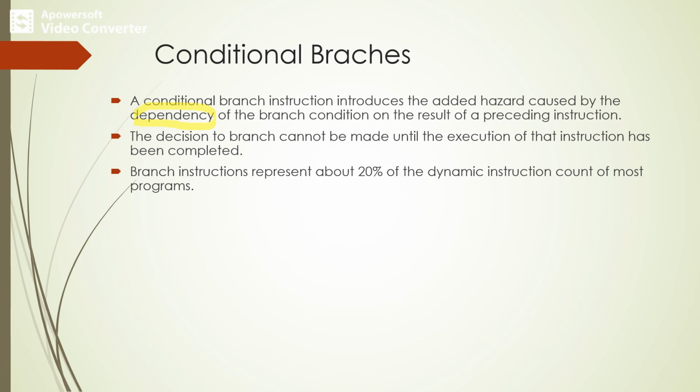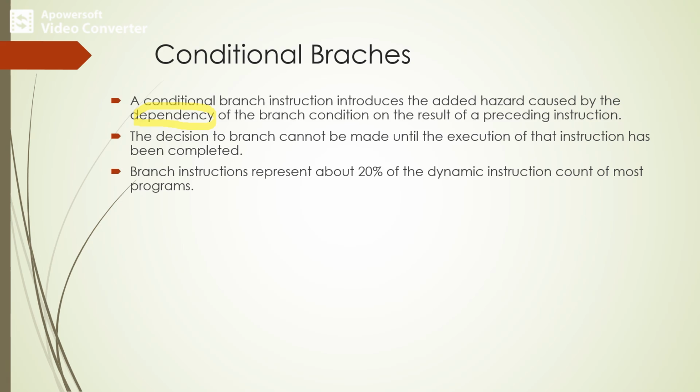The branch instructions occur frequently. In fact, they represent about 20% of the dynamic instruction count of most programs. The dynamic count is the number of instruction executions, taking into account the fact that some program instructions are executed many times because of loops.